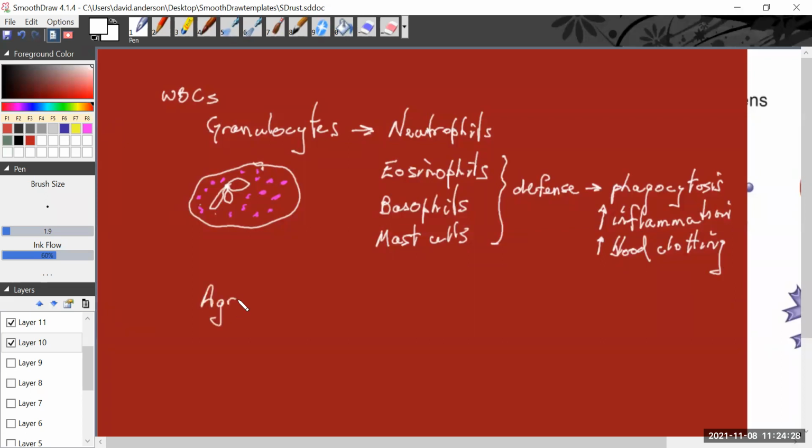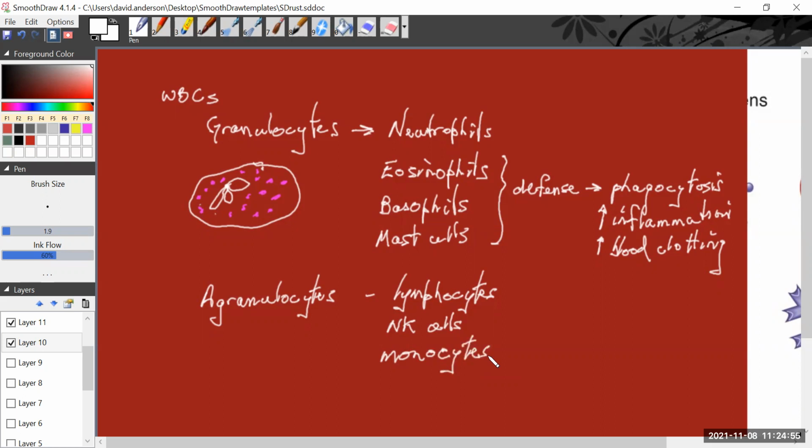Agranulocytes include our lymphocytes and cells that have a great name we'll talk about when we do the immune system, natural killer cells, and those monocytes. So when we look at an agranulocyte under a microscope, we've got a nucleus, and the cytoplasm appears clear. So that's really where the category differential is.